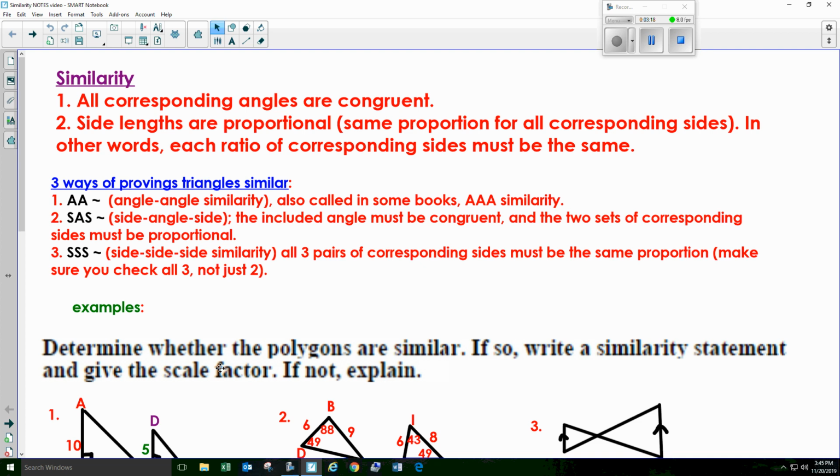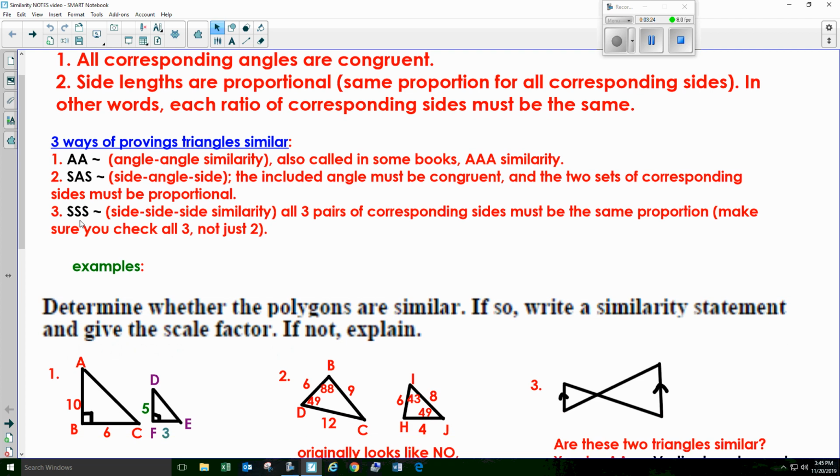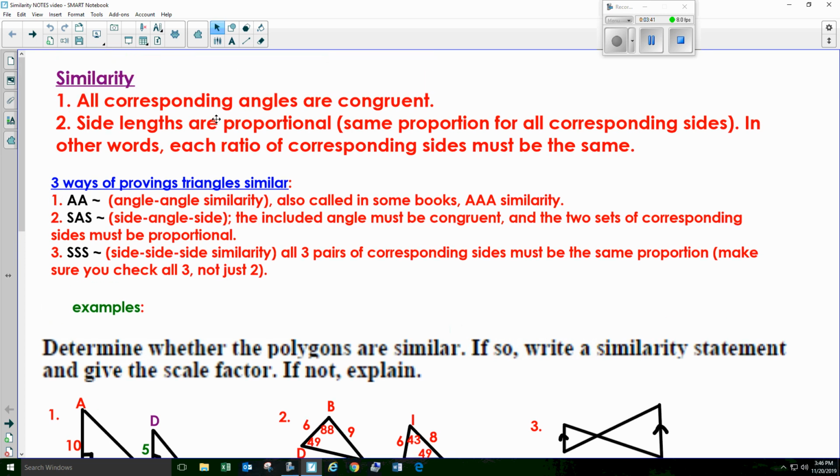All right, so the other way besides AA is SAS. Just like SAS in congruence, the A must be between the 2 sides. Remember, we call the middle one the included piece. In this case, it's an included angle. And that's why the included angle must be congruent. Anytime you see A's in any of these, they have to be congruent.